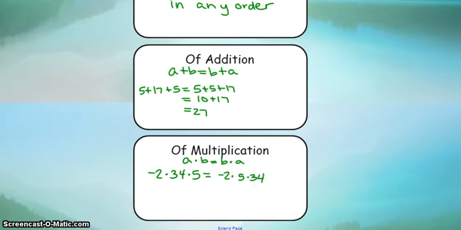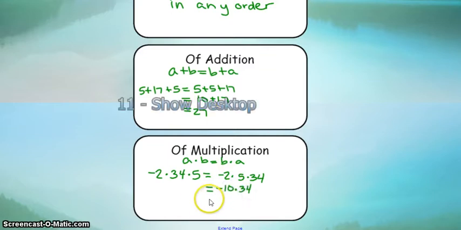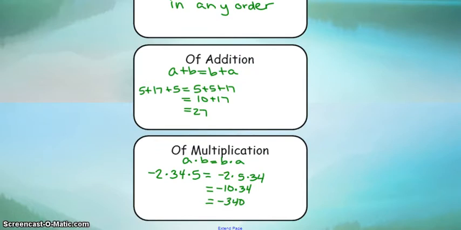That's the commutative property. We're switching the order. Because now negative 2 times 5 is negative 10, times 34. And a negative times a positive is a negative. And 10 times 34, well, you always just take 34 and add on that 0. Alright, so that's the commutative property of multiplication.